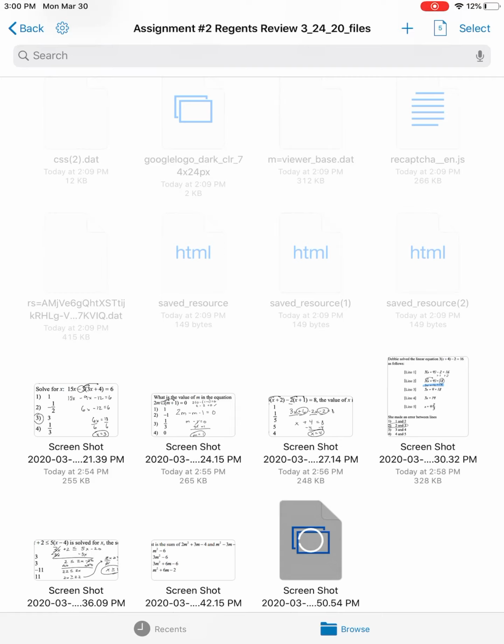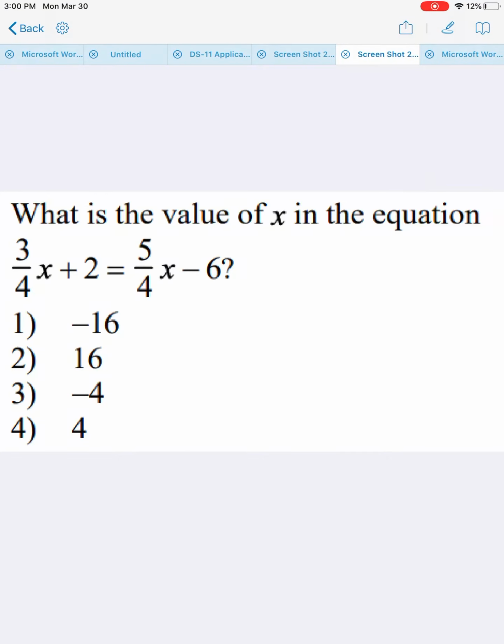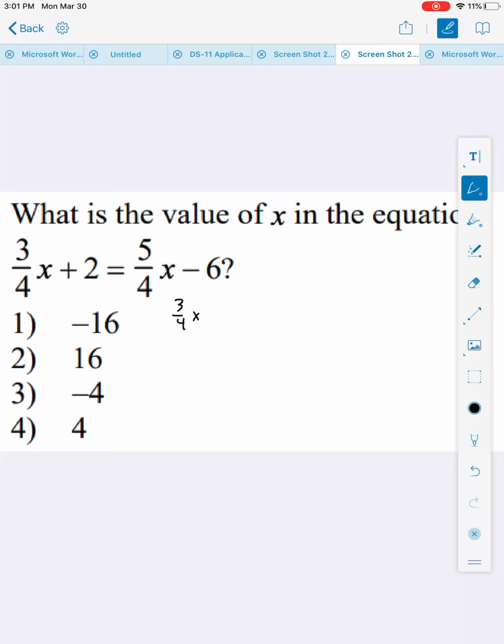And lastly, question 7. Question 7 gave us some rational numbers to deal with, meaning fractions. Luckily for us, the fractions had like denominators. I'm just going to rewrite 3/4 x plus 2 equals 5/4 x minus 6. And I'll do my best to combine my fractions.